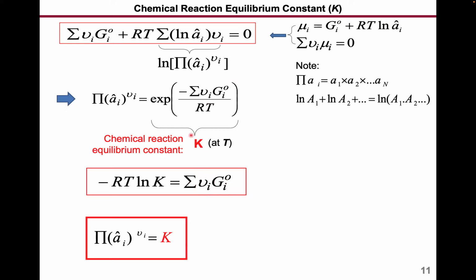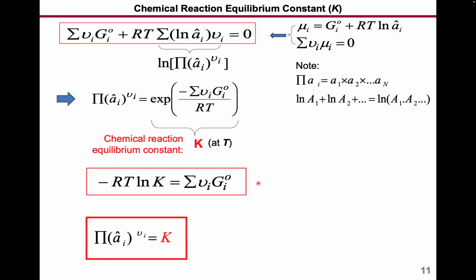And then from this definition, you can quickly write out your reaction equilibrium constant is equal to Π (α_i hat) to the ν_i power, right? So this is the equation, just directly rewriting this equation to this equation.